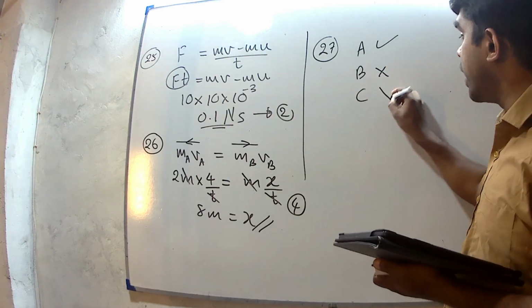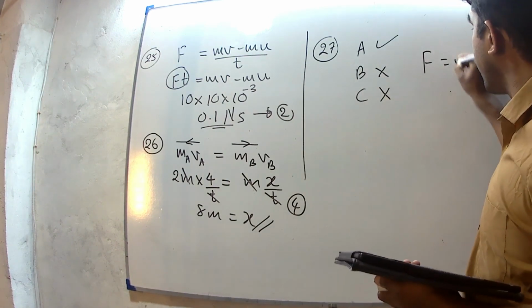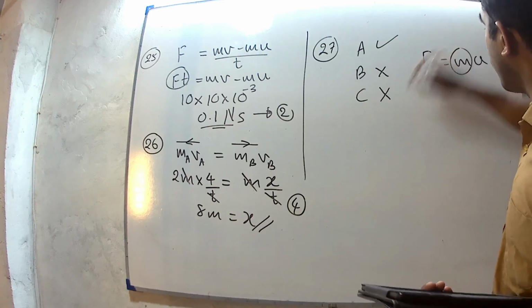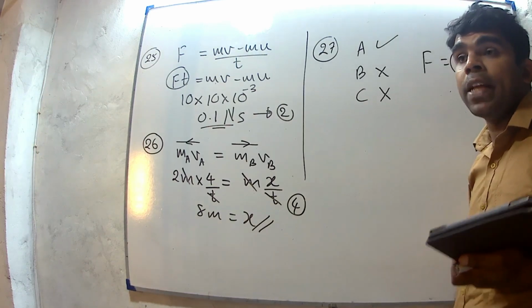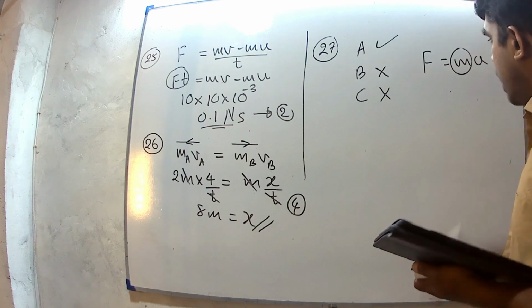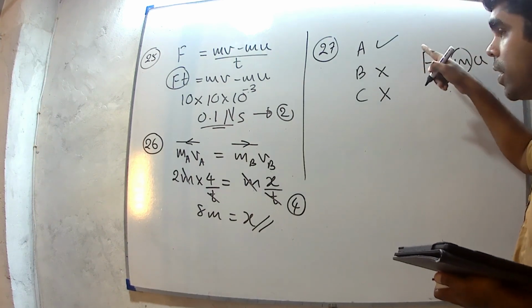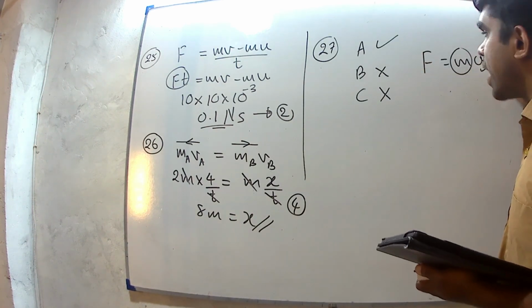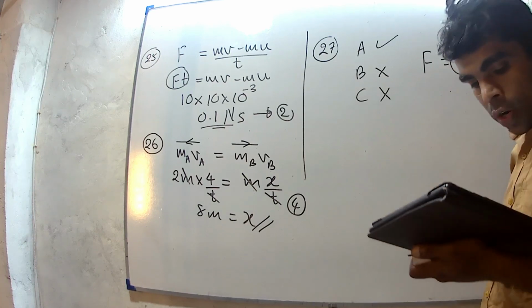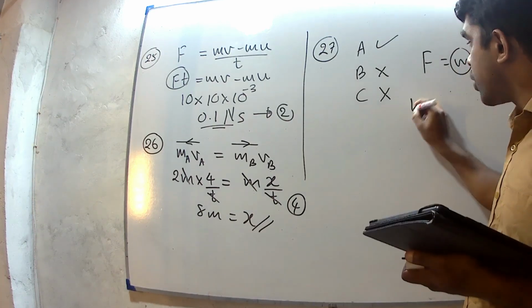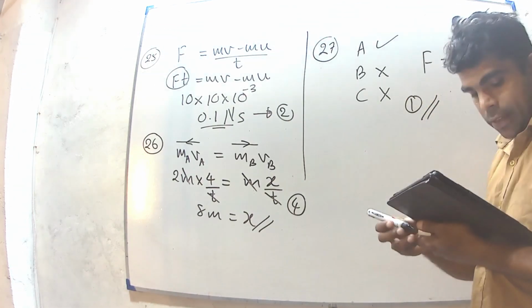It's also incorrect. We know that F equals ma. Mass of the airplane is a large value. Therefore, the required force is a large value to get constant acceleration. Then only A is correct. Answer is 1 for the question number 27.